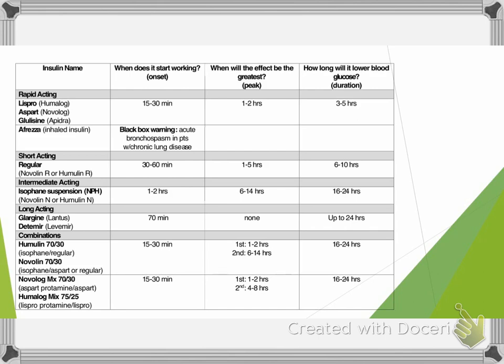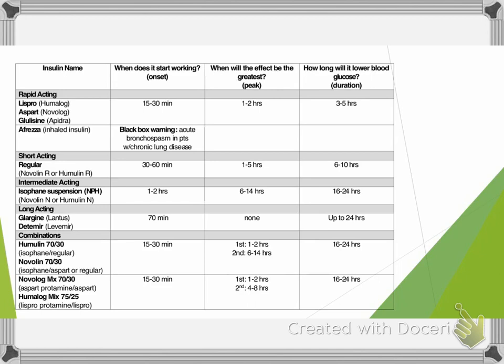So we need to always know the onset of insulin because we need to make sure that they're eating within that time period. So they have to be eating within the onset of time, okay? So if we're going to be giving rapid acting, we know that the onset of a rapid acting insulin is 15 to 30 minutes. So we need to make sure we give a meal within 15 minutes of giving that insulin, okay?